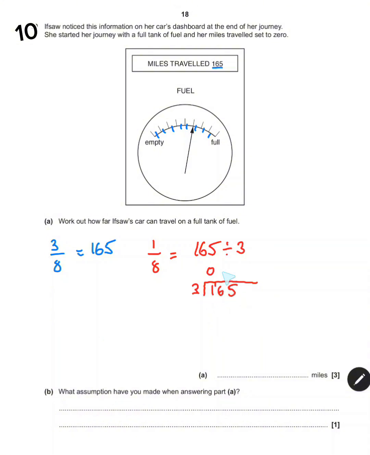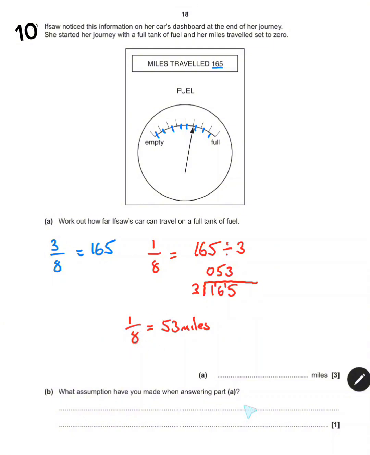Well, 3 6's are 18. 3 5's are 15. So it would be 5 remainder 1. And 3's into 15 is 3. So what this is saying is 1/8 of the tank is now 53 miles.